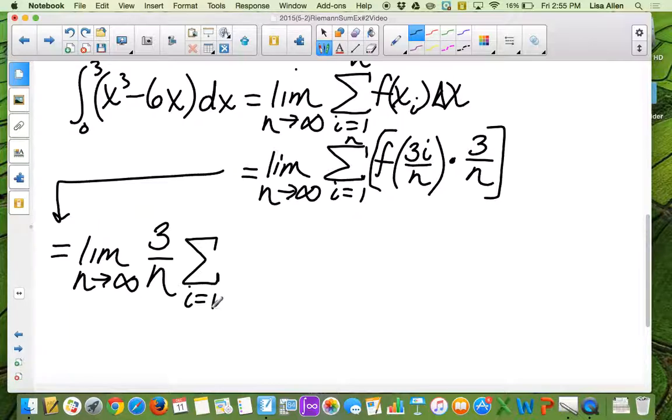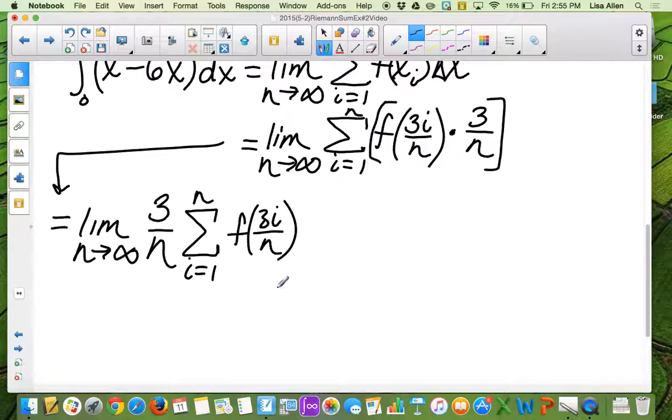So I have the summation from 1 to n of f of 3i over n.